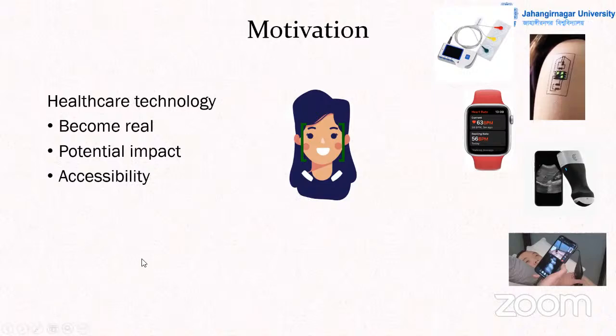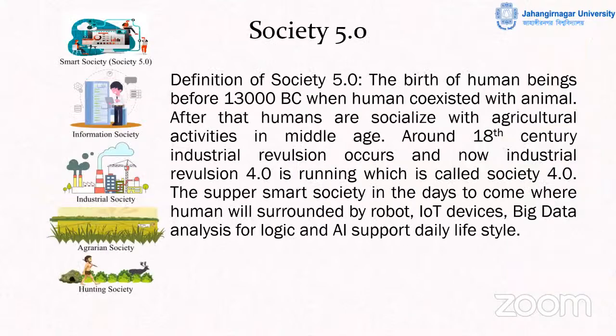and the accessibility is more at hand, or in the in-house matter. So what is the Society 5.0 that we are talking about? Society 5.0 is, if we talk about the first society, the hunting society, right?